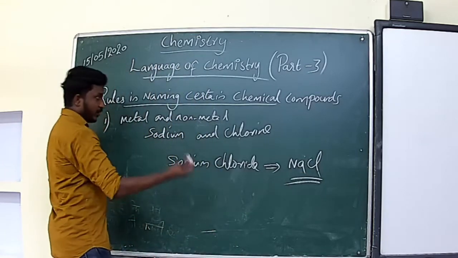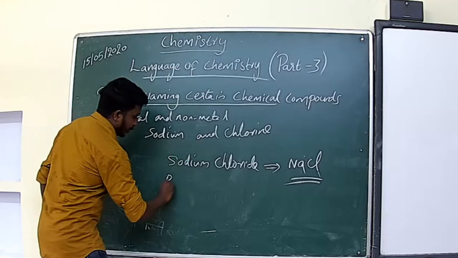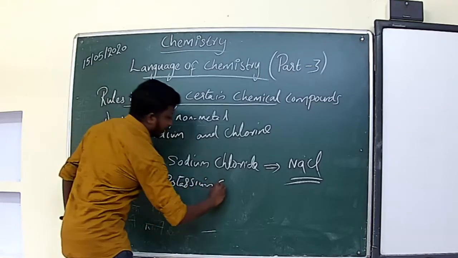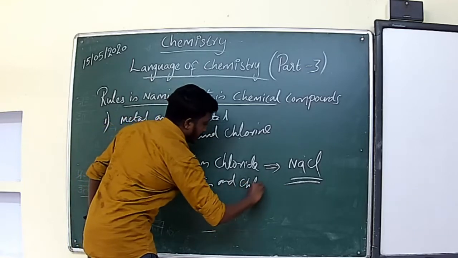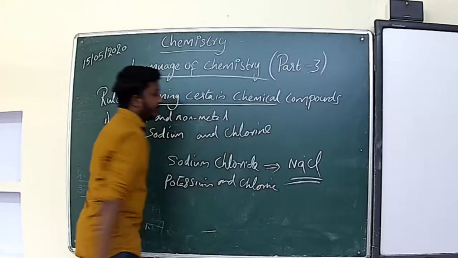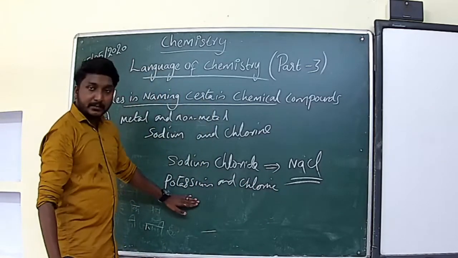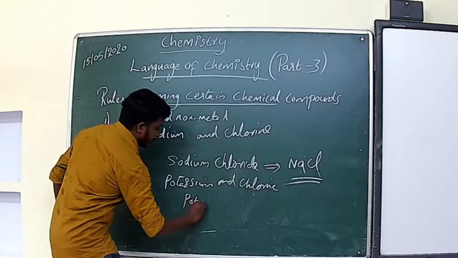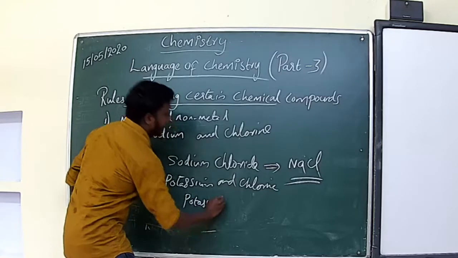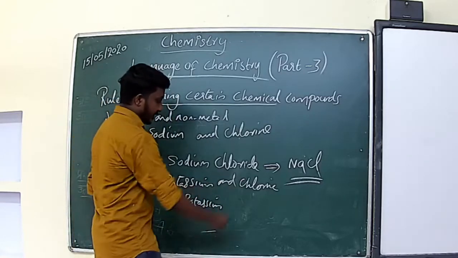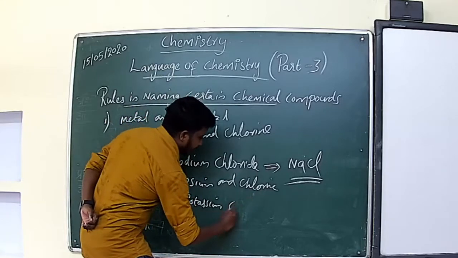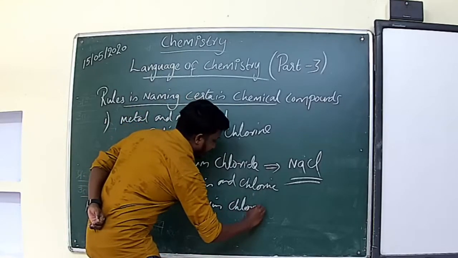Then potassium chloride. Suppose another compound we can take, a chemical compound containing potassium and chlorine. So what is the name? Potassium is a metal and chlorine is a non-metal. So we write potassium first, and chlorine second with suffix IDE. So potassium chloride.